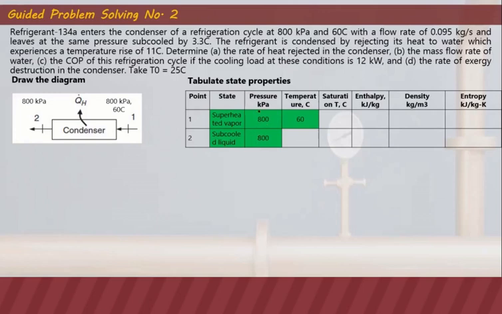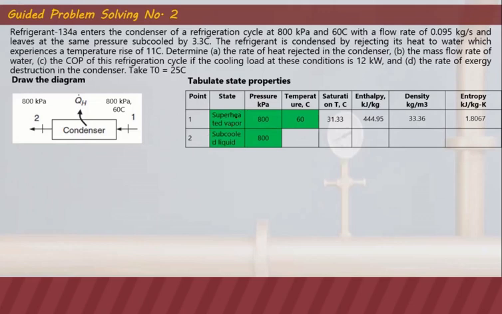And since we are given two properties at point 1, we can immediately get different properties using our software. So take note that here we included the saturation temperature at this pressure so that we can get the subcooled temperature as well. Since our refrigerant is in a vapor state, you can see that our temperature is higher than the saturation, meaning our assumption that this is a superheated vapor is correct.